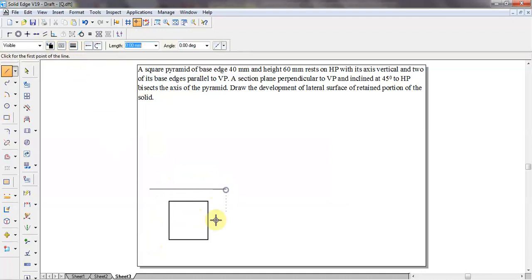This is XY line. So this is a pyramid. You have to join the edges to show the vertical. These edges you can see in the top view in the pyramid. The height of the pyramid is given as 60 mm.